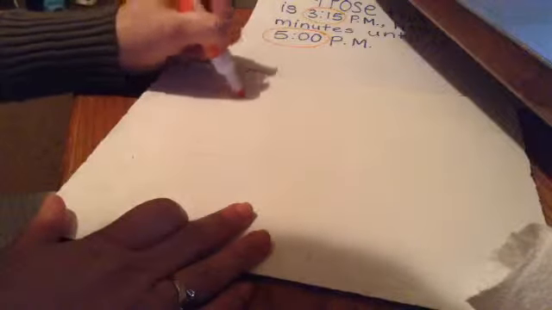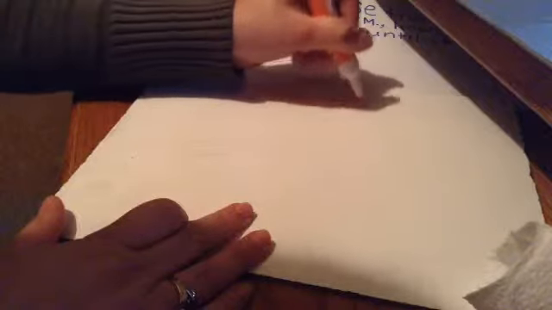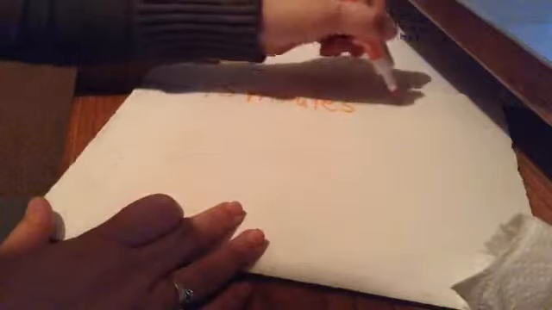So using the 60 approach, we can calculate that it takes 45 minutes to get to the nearest hour, which is 4 p.m., right?